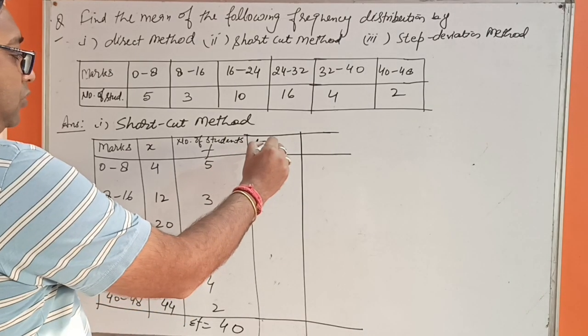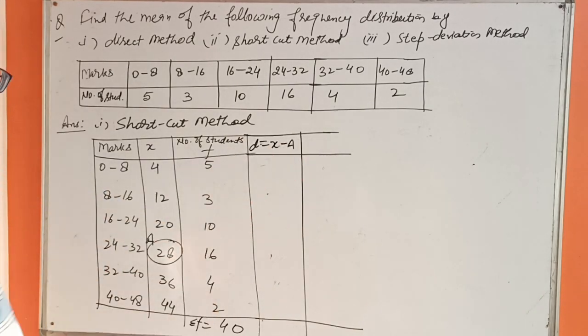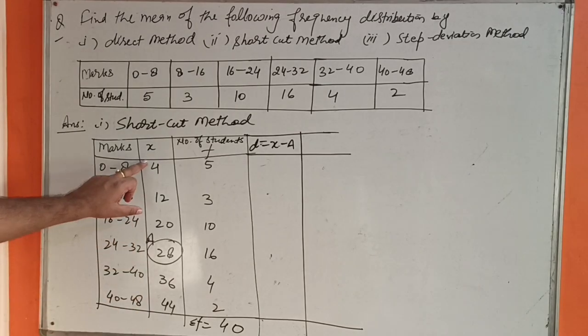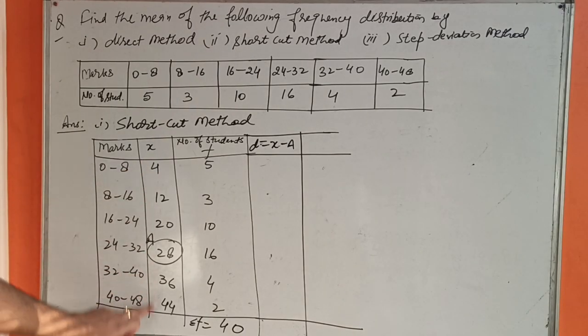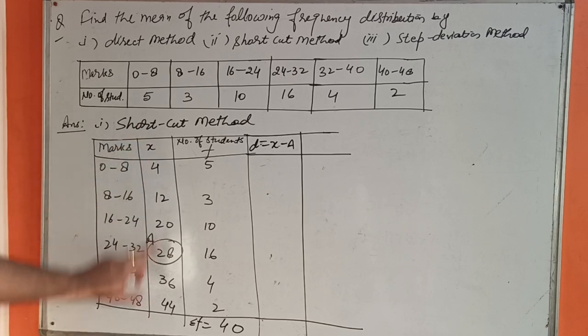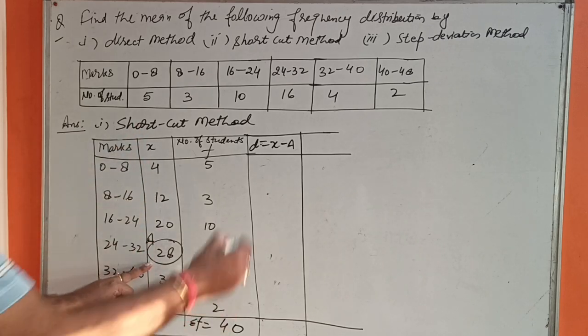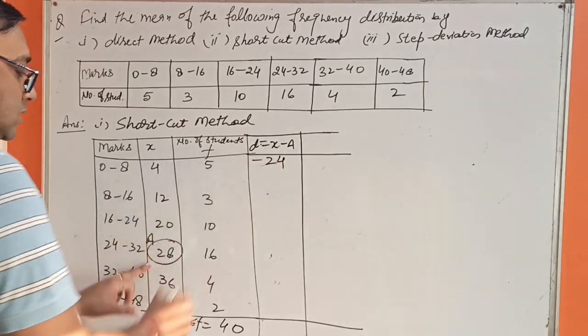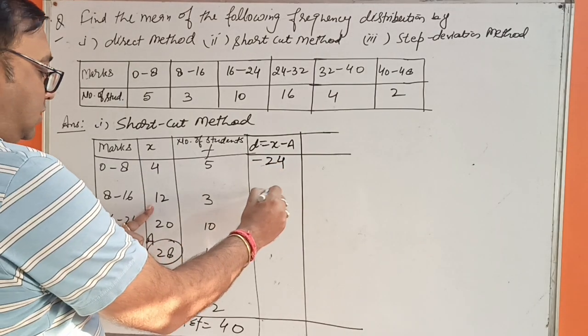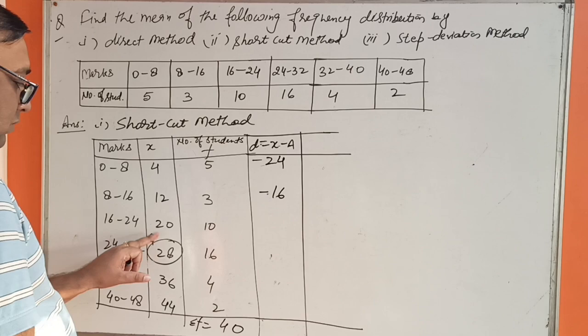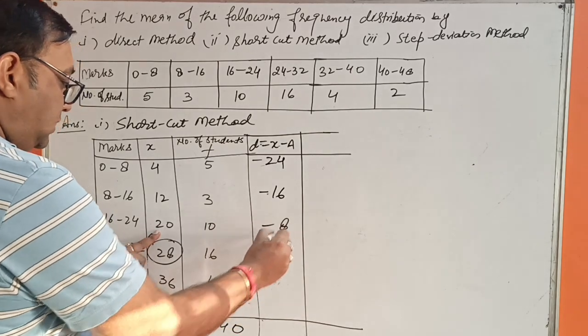From this you have to find D, which is equal to x minus A. How to get it? Subtract this 28 from all these data. So 4 minus 28 is minus 24, 12 minus 28 is minus 16, 20 minus 28 is minus 8.